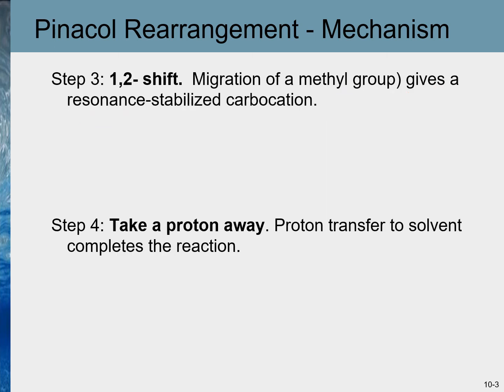The third step of this mechanism involves a 1,2 methyl shift, and with this process, migration of a methyl group will take place from the adjacent carbon atom to the one where we have a positive charge, and this migration will result in formation of another carbocation, but the newly formed carbocation is more stable due to resonance.